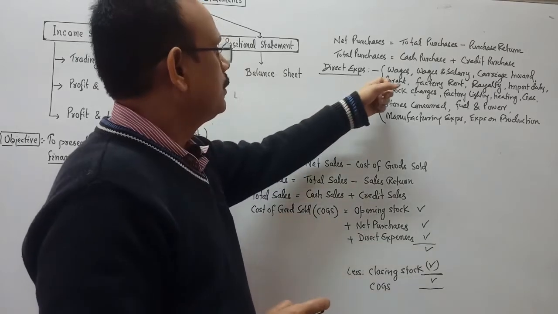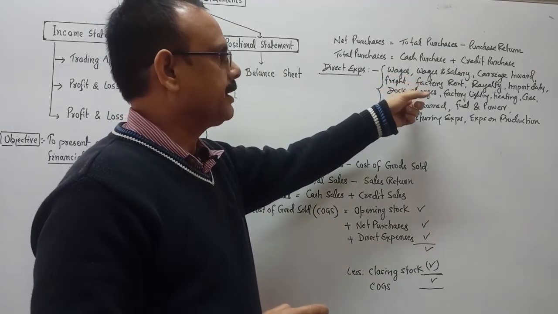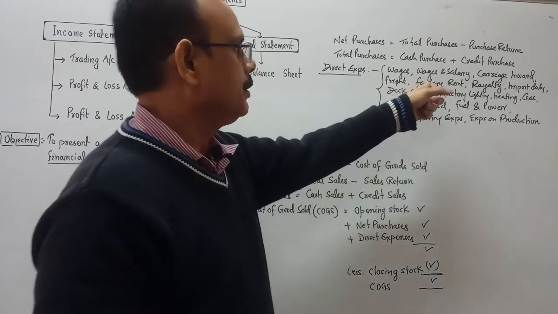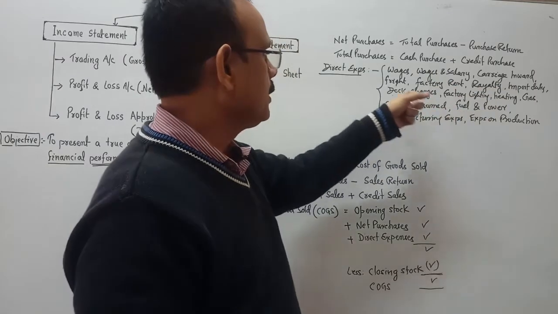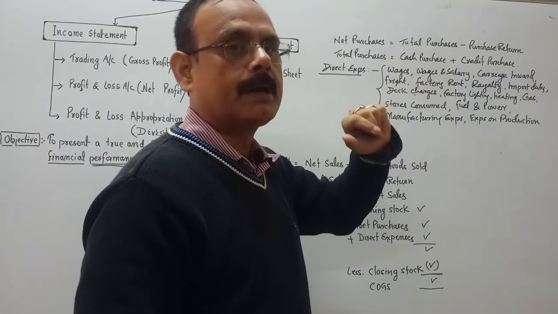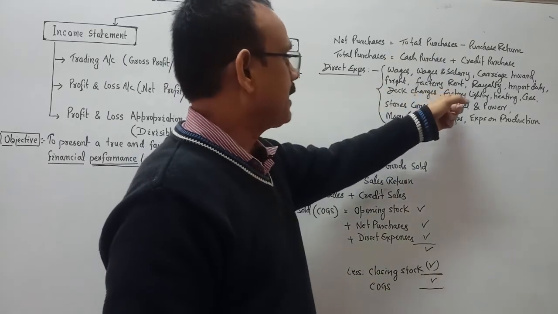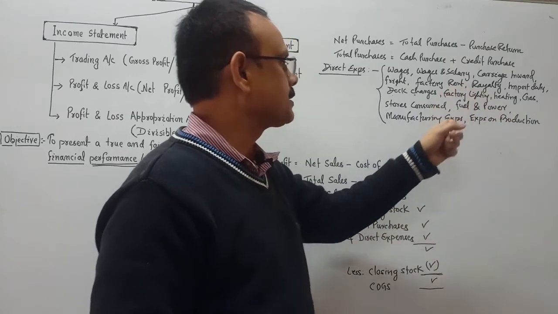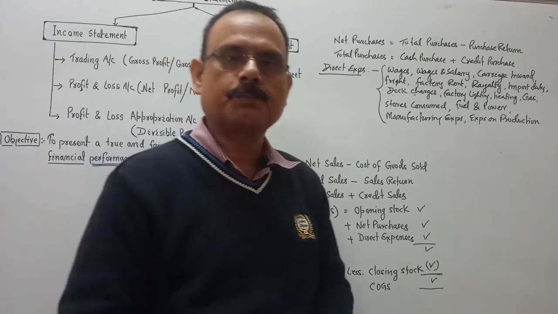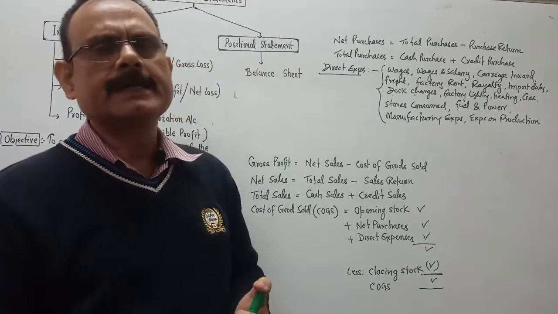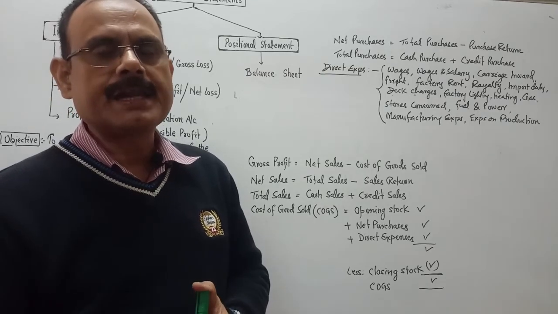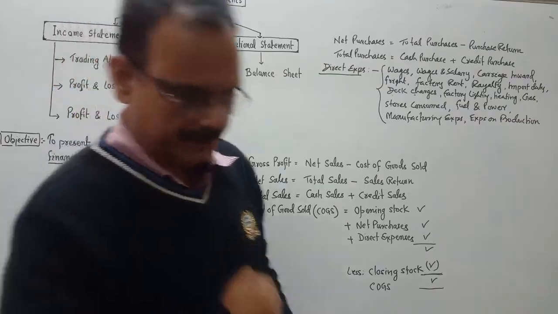So wages and salary, carriage inward, freight, factory rent, royalty, import duty, dock charges related to the clearance of goods which were imported by us, factory lighting, factory heating, gas, fuel and power, stores consumed, manufacturing expenses and expense on production. This all comes under the direct expense. So here we will calculate the gross profit. In trading account we calculate the gross profit.